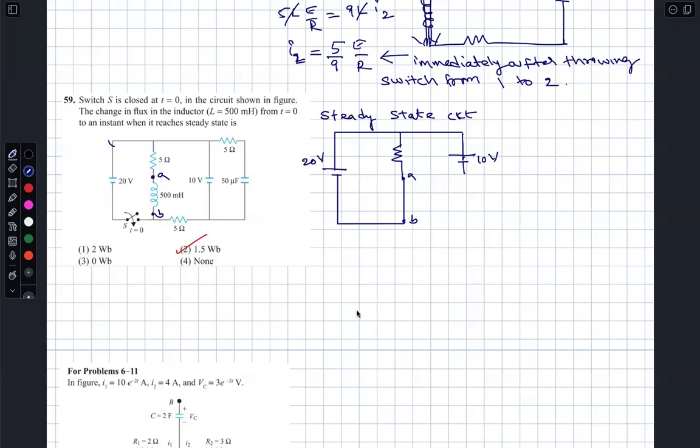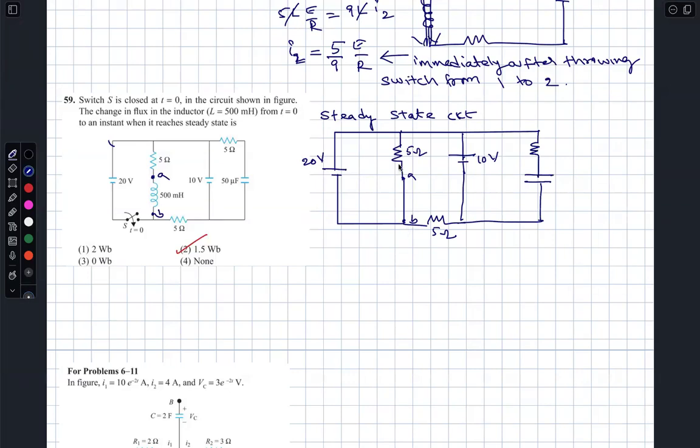Right now you have another resistor here, and this is 5 ohm. And the rest everything is a resistor and a capacitor. That is fine, no issues. This is the circuit. Remember, this is 5 ohms.